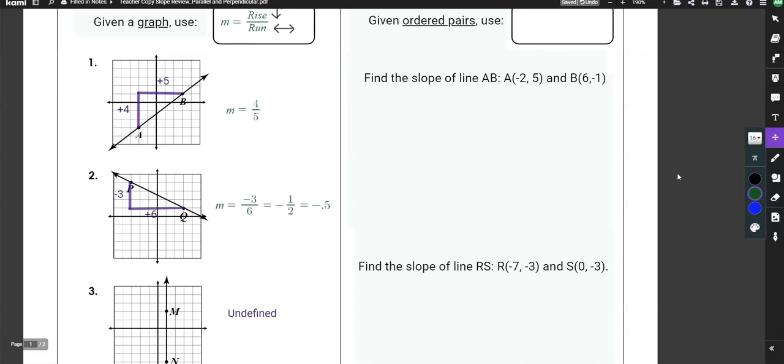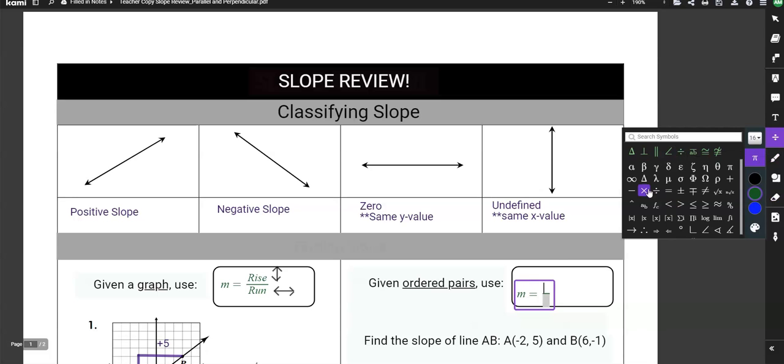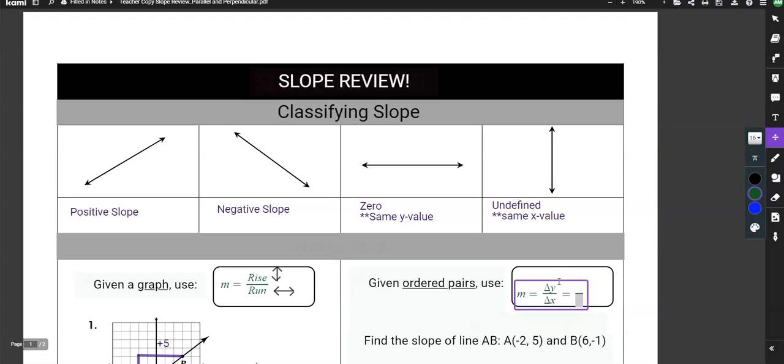So now what do we do if we're given 2 points? Well, we have a formula to use. So m is equal to, and we're going to use our first Greek letters today, delta y over delta x. Delta in this case is basically the Greek letter D, and we're using it for difference or change.